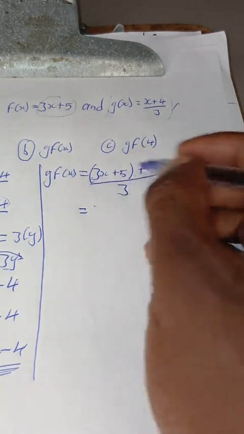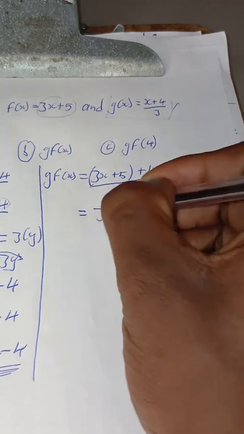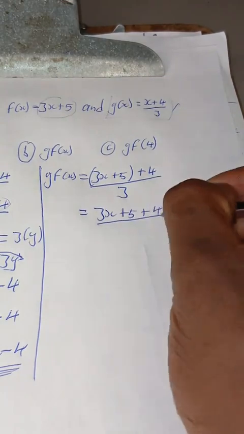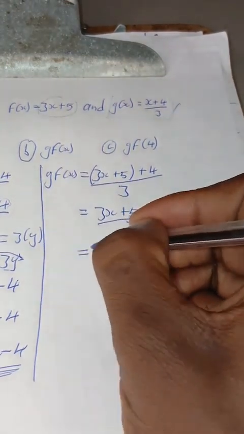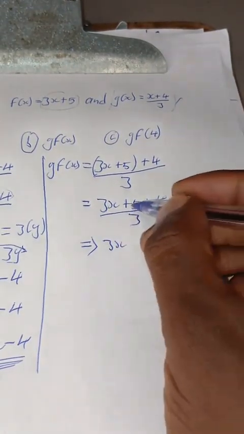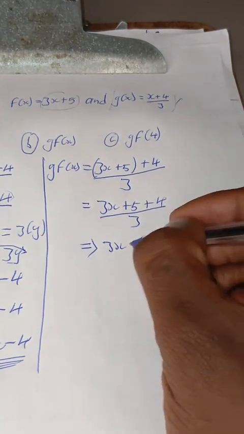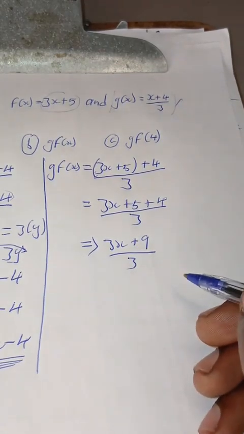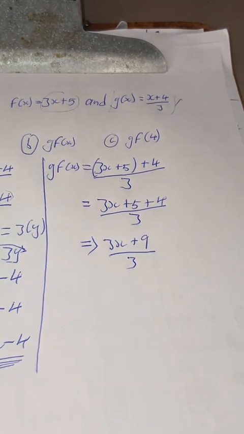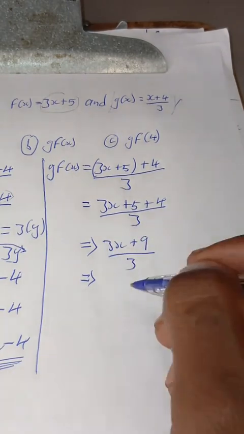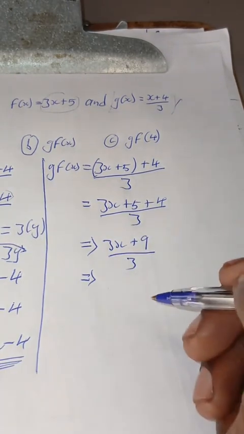We remove the brackets by multiplying by 1. So we're going to have 3x plus 5 plus 4 over 3. And this is going to give us this answer. So we have 3x; these are like terms, we can add, and they give us the sum of 9 over 3. After we see this, if you want, you can say 3 here is 1, 3 here is 3.